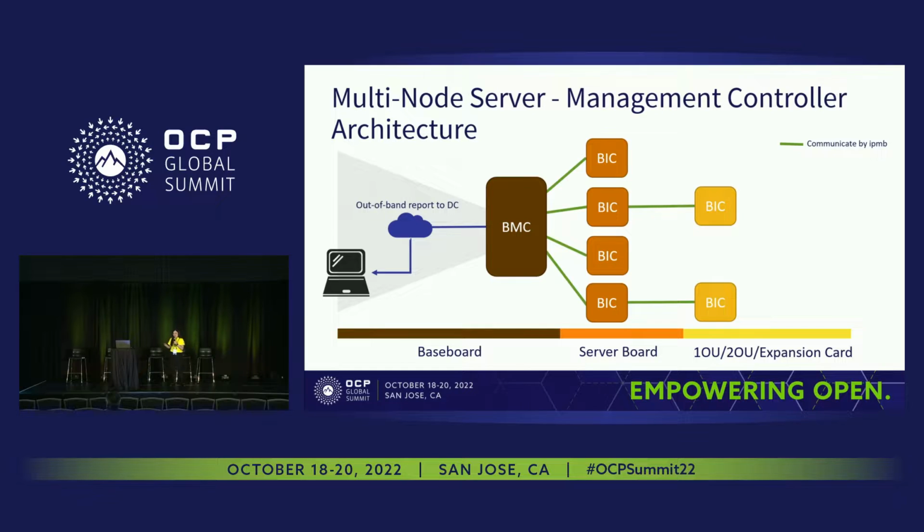Then BMC can communicate with the server board BIC by IPMB command. And if the SKU has 1OU, 2OU, or any other expansion card, the BIC on the card can send the information back to the server board BIC, and then the server board BIC can pass the information to BMC. And BMC will report the information to the end user.